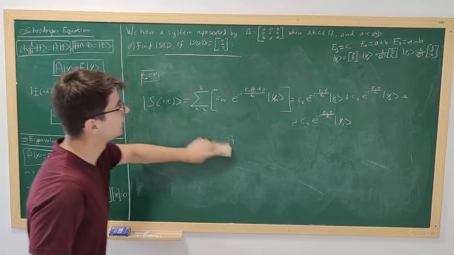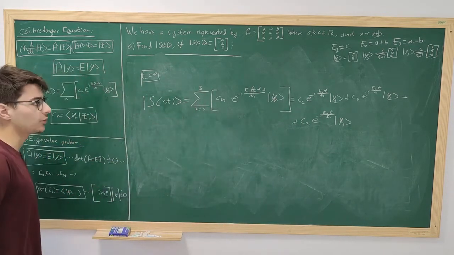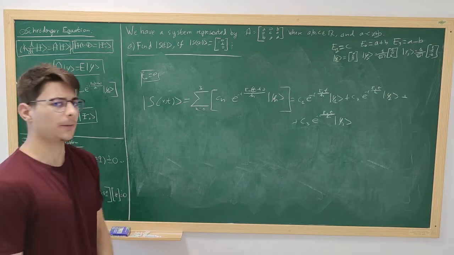Okay, let me just erase this. But we know actually everything except C1, C2, and C3.